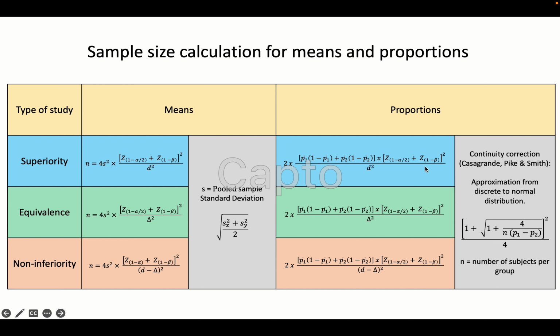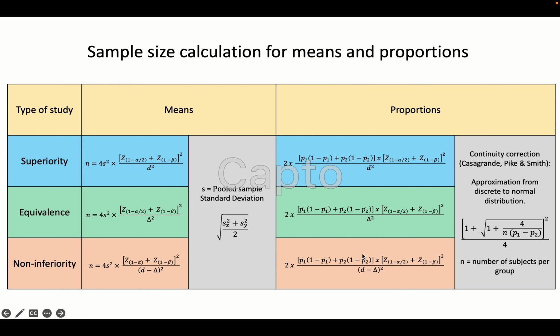Because it's an approximation, we need to multiply this by a correction factor, which in the case of proportions is given by this equation here, where I'm representing the proportion for X minus the proportion for Y, and this is the sample size per group.